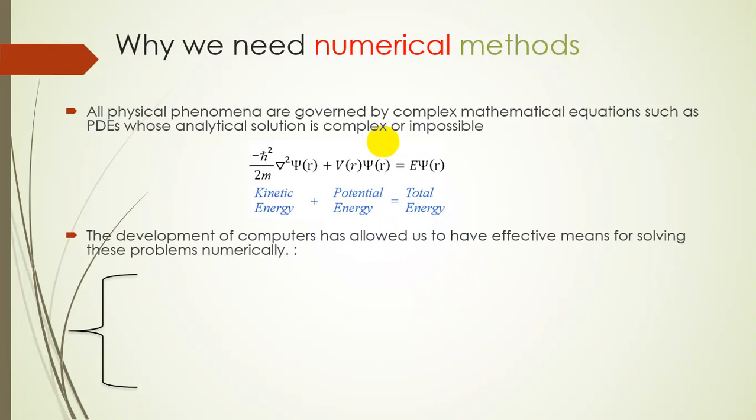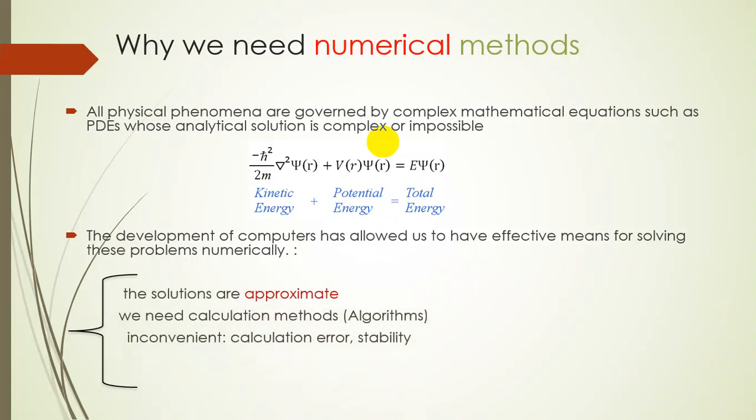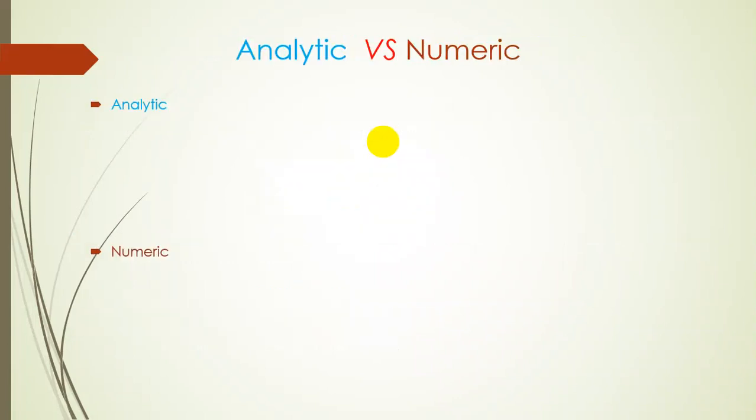But there are some characteristics of numerical solutions: they are approximate, not exact. We need calculation methods, what we call algorithms in computer language, and we must consider calculation error and stability. Just to fix this point: analytic versus numeric.